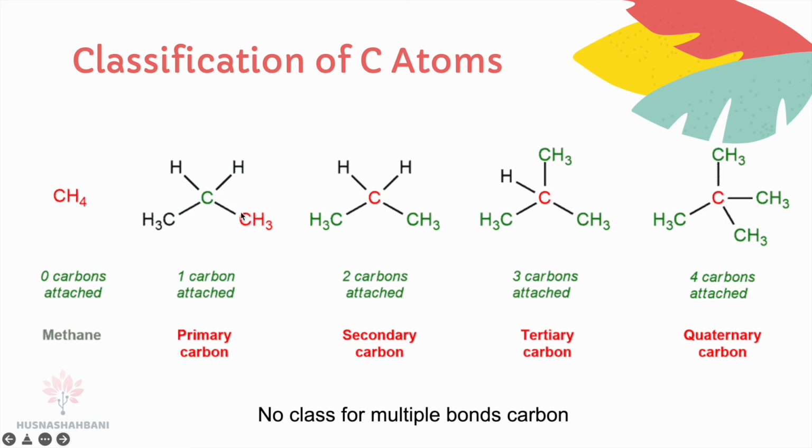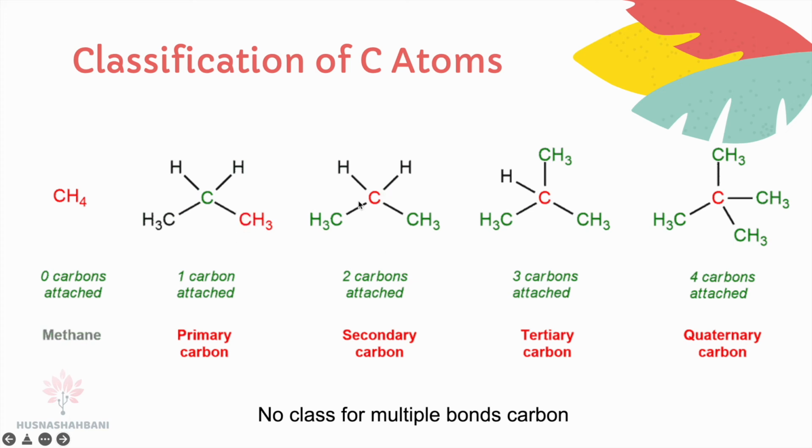On this carbon, 3 hydrogen atoms are attached and 1 carbon is attached. So this carbon, we call it primary carbon, because only 1 carbon is attached to this carbon.